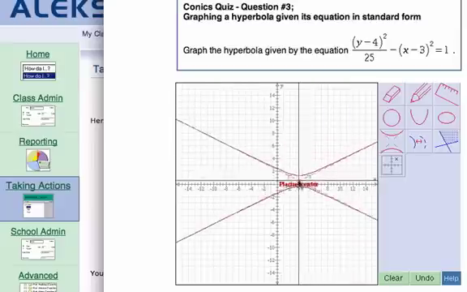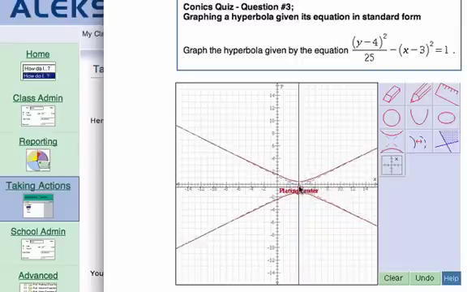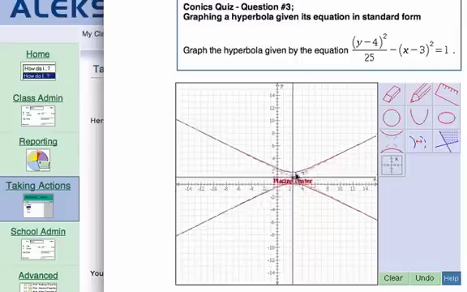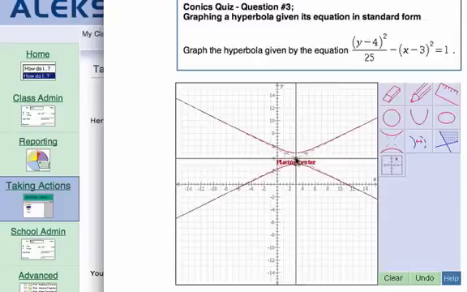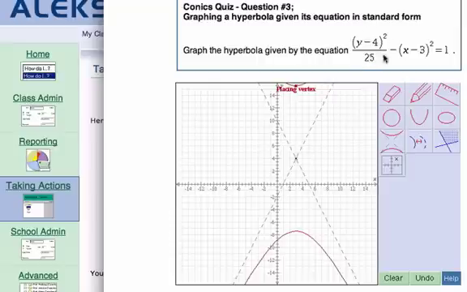So click on the button, x coordinate 3, y coordinate 4. I have to do it this way, it makes it a little easier. And it's opening up because y squared is first.